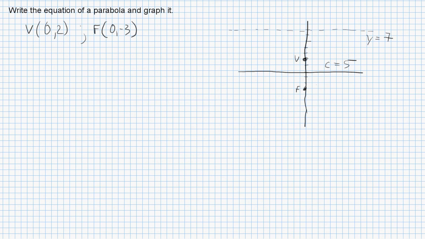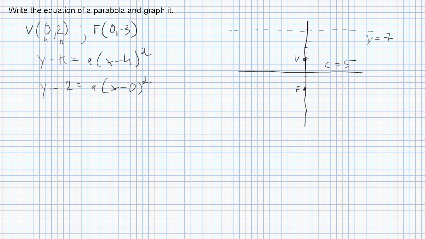The formula for a vertical parabola is y minus k is equal to a times x minus h, quantity squared. The h and the k are the vertex. So we write, right off, y minus 2 is equal to a times x minus 0, quantity squared. Now all we have to do is solve for the a value.